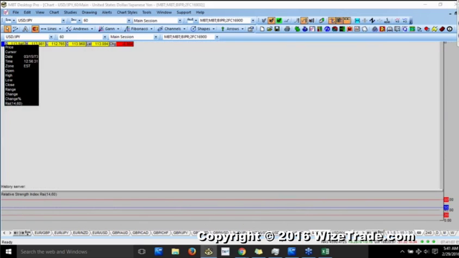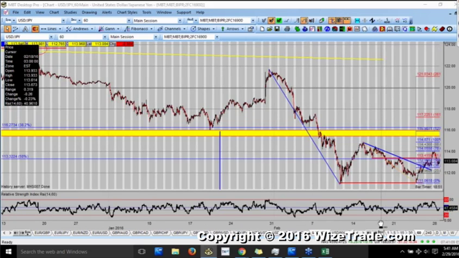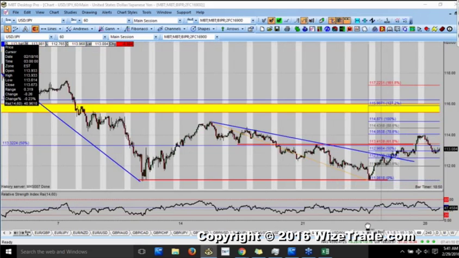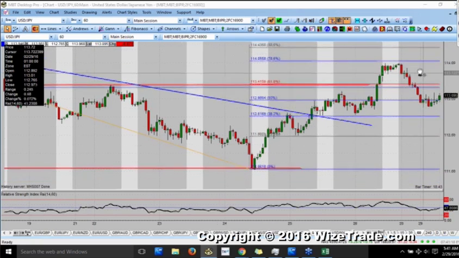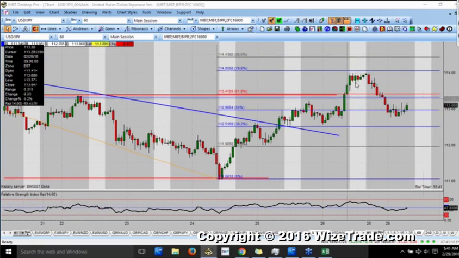So I did not short the dollar yen at 114. I'm still waiting for a little bit higher prices. The problem is, like I said, I had some family over, and so I didn't notice where the dollar yen was until we were trading down around 113.50, and I was like, well, I don't want to chase it lower, and it just kept dropping.